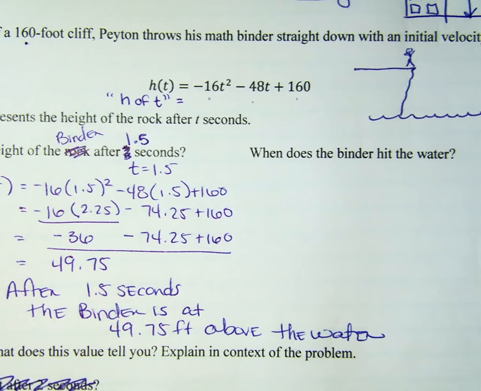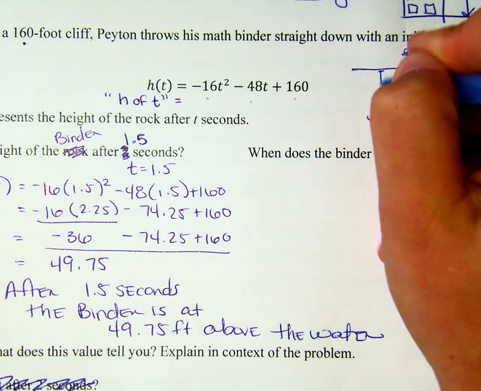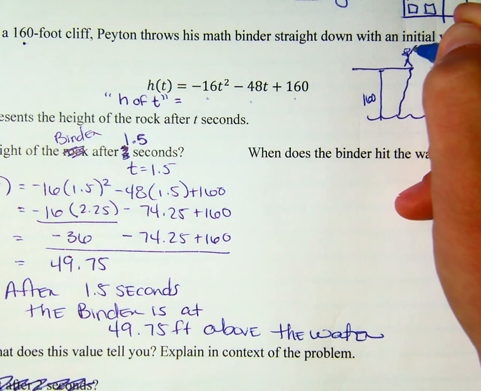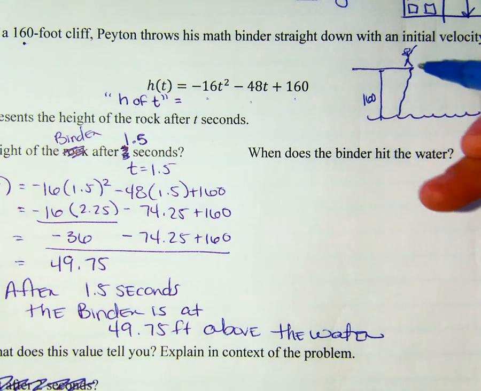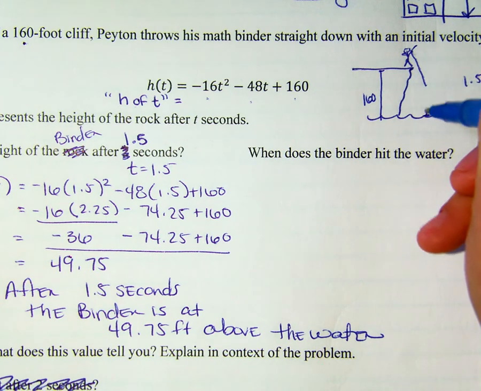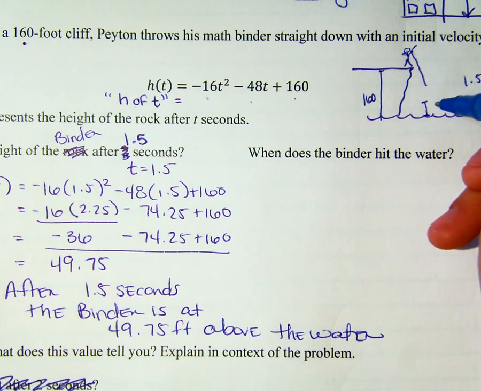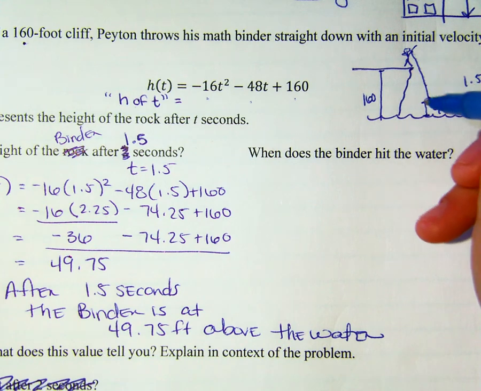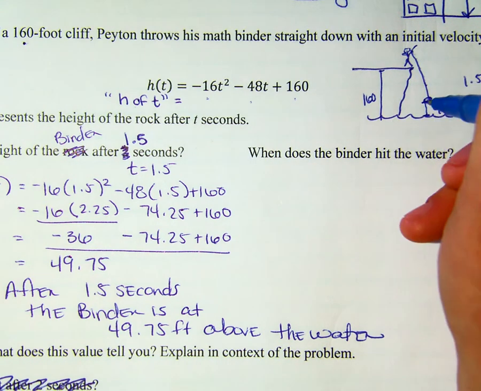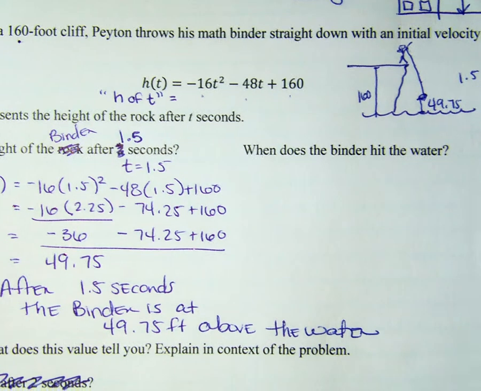To give you a visual, that means this cliff is 160 feet, and he threw it straight down, and after 1.5 seconds, it's only 49.75 feet above the water. So it's traveled quite a distance, and now it's almost hitting the water.